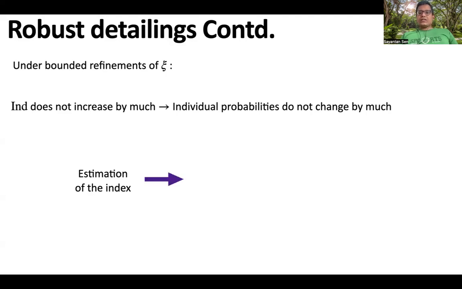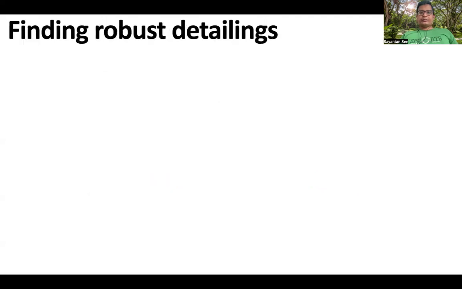Given any detailing, we can use this index estimation subroutine to detect whether the detailing is robust. Once we have this subroutine, we use it further to find robust detailings by running over multiple possibilities and checking whether those detailings are robust or not.